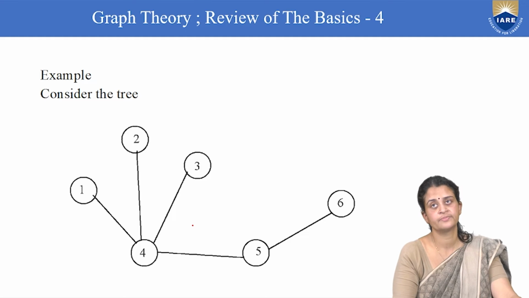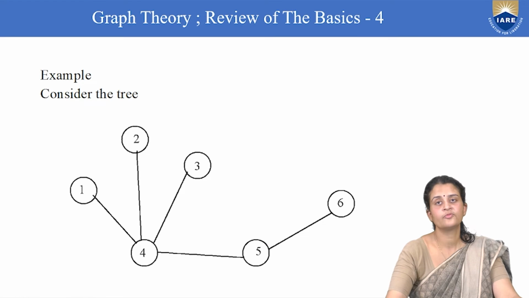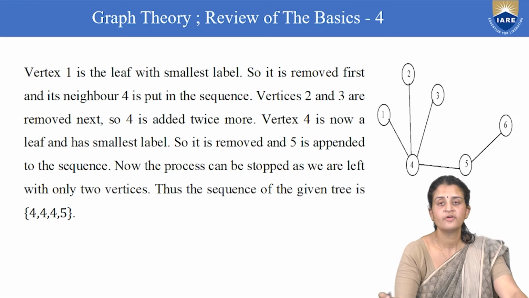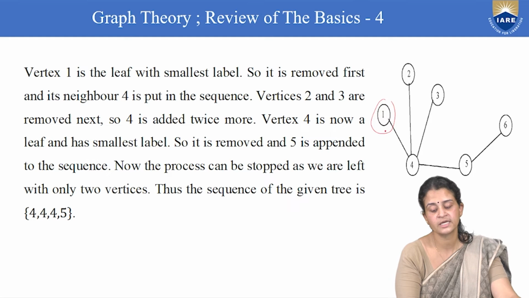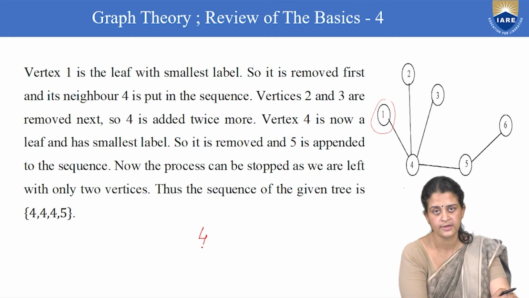Now consider this tree with vertices named 1, 2, 3, 4, 5, 6. First, the vertex with the smallest label is vertex 1. So we are removing vertex 1. What is its neighbor? Its neighbor is 4. So we add 4 as the first number in the sequence.